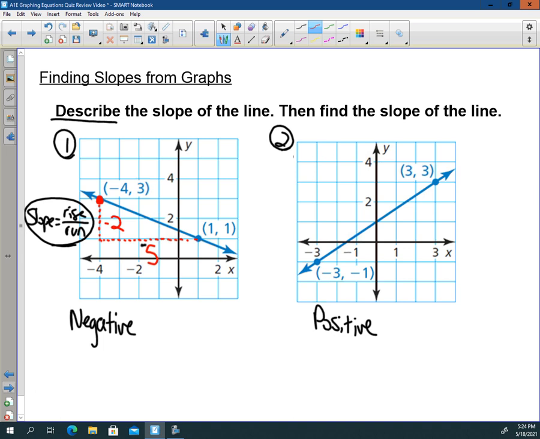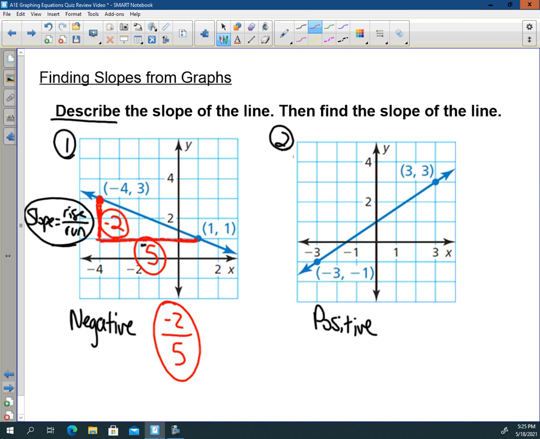And so, because the slope is the rise over the run, I'm going to take this negative 2, because it's the one that goes up and down, and put it over the 5, because that's the one that goes left to right. And there's my slope, negative 2 fifths. The rise, this part, over the run, this part.